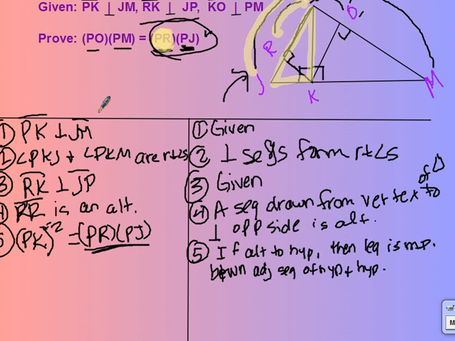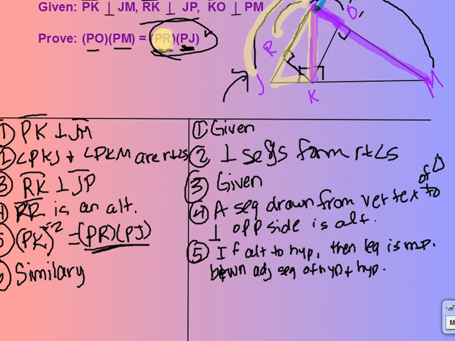Now I'm done with this statement, so I'm going to go back and grab this statement here. Instead of doing all of this over again, I'm just going to say similarly, because I'm doing exactly the same set of steps with this one. Let me highlight it in purple: PK squared is PO times PM.